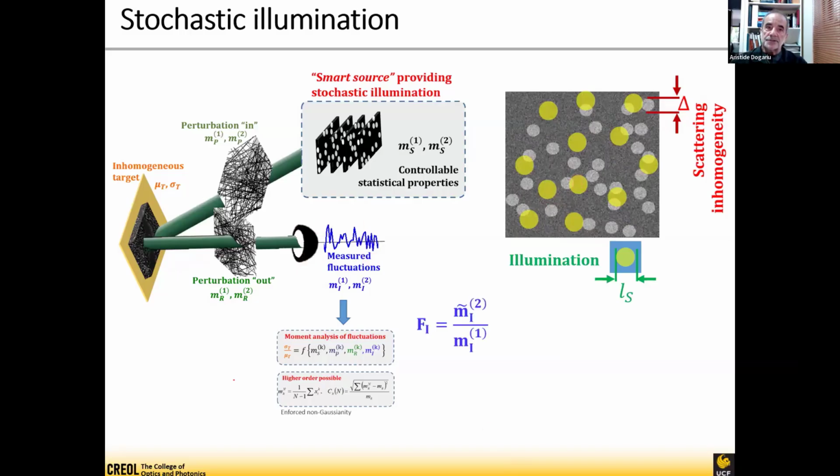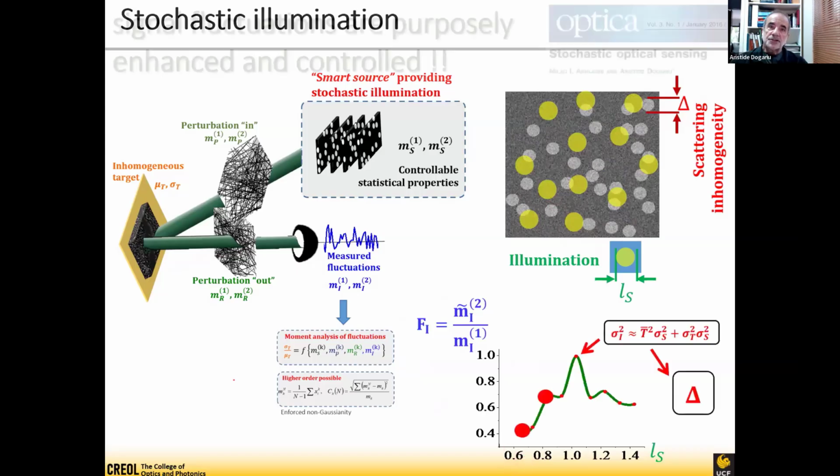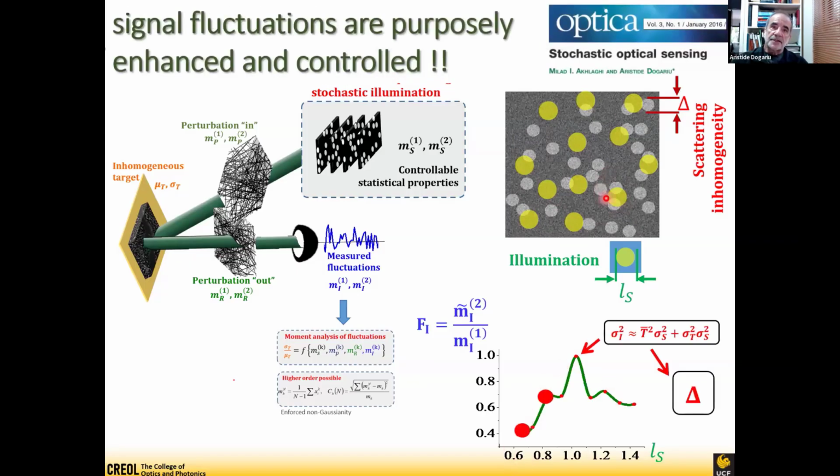If I record the fluctuations, I can evaluate the Fano factor of those fluctuations, and then I change the size of these dots, and at some point when the characteristic scale length of the illumination matches the one of the scattering potential, there is a stochastic resonance from the position of which I can identify the correlation length of the scattering potential that I was after.